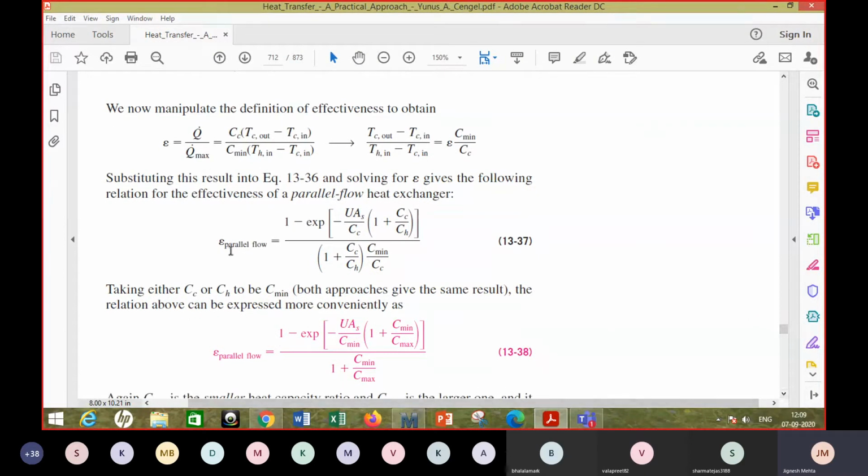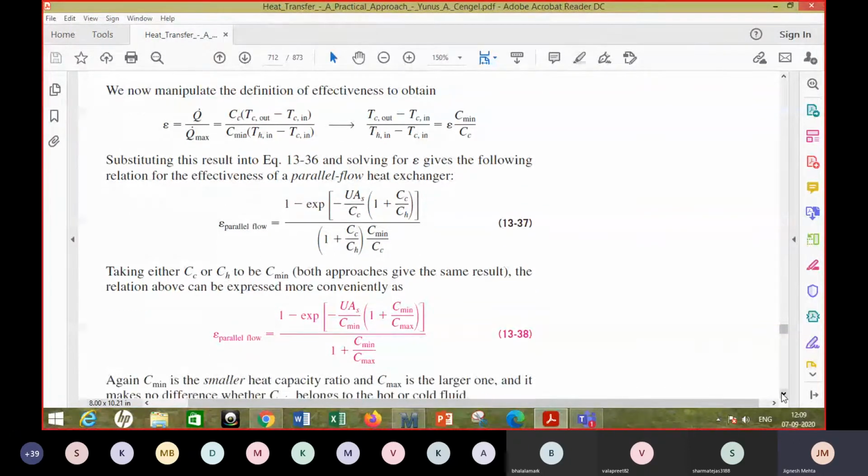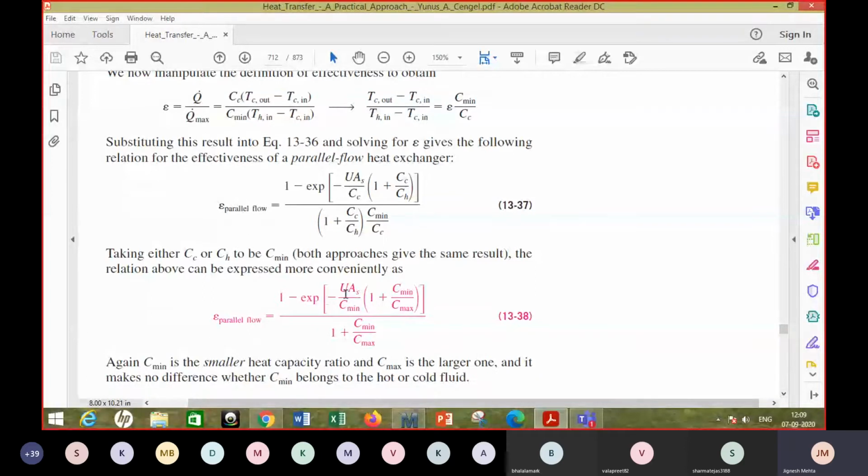As you can see here, for a parallel flow heat exchanger, with a small derivation you could find that the effectiveness would be 1 minus exponential of minus UAs upon Cc into 1 plus Cc upon Ch, and this can be further shown as 1 minus exponential of minus UAs upon C minimum into 1 plus C minimum upon C maximum, divided by 1 plus CR.